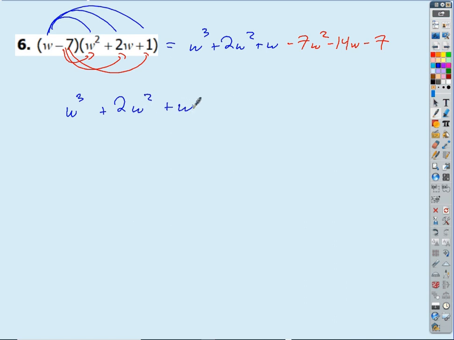But let's make sure when we do this, we can use what's called a tabular method for adding up these terms. I can set these things up in columns. Let's always have a column for every power of the variable, right? So for example, what if this was a w cubed? And when I distributed the w, I would have gotten w to the 4th plus 2w squared plus w. Then I would leave a column for w cubed, even though one didn't show up.